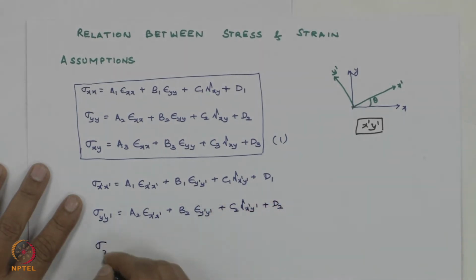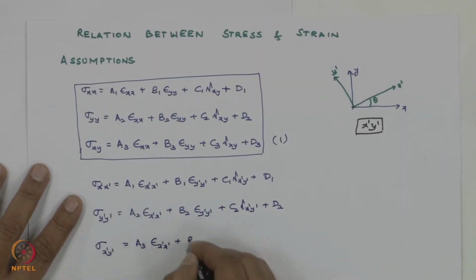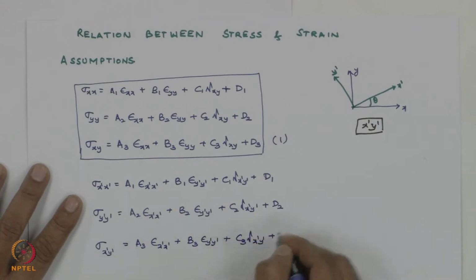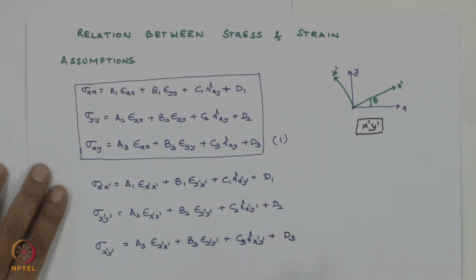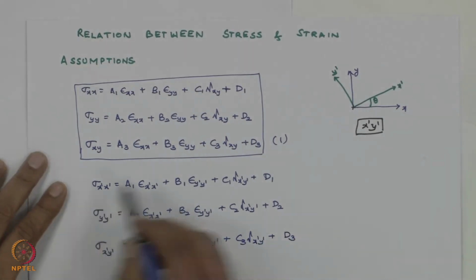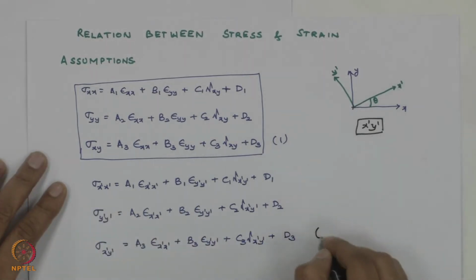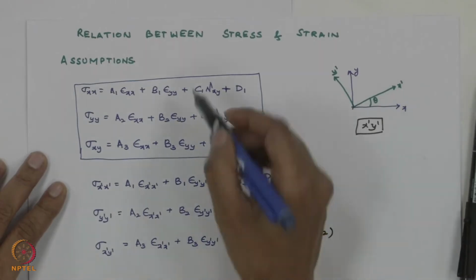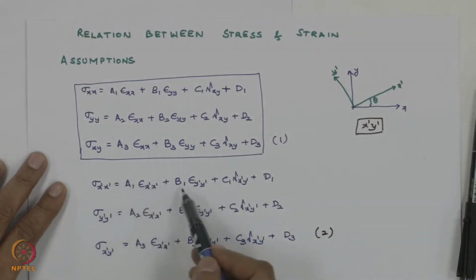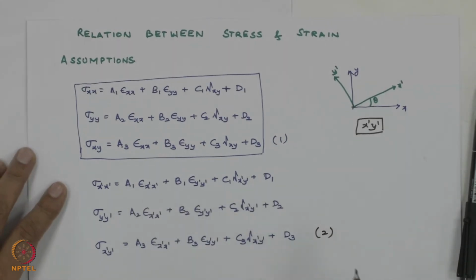Now sigma x prime y prime equal to A3 epsilon x prime plus B3 epsilon y prime plus C3 gamma x prime y prime plus D3. Let us call this equation 2. So even after rotating, my constants A1, B1, C1, D1 didn't change. This is what we need to notice.